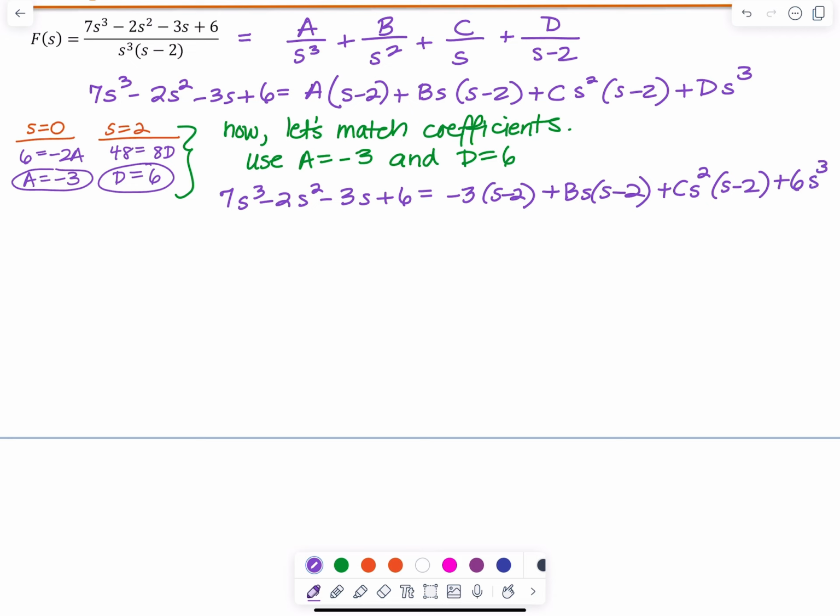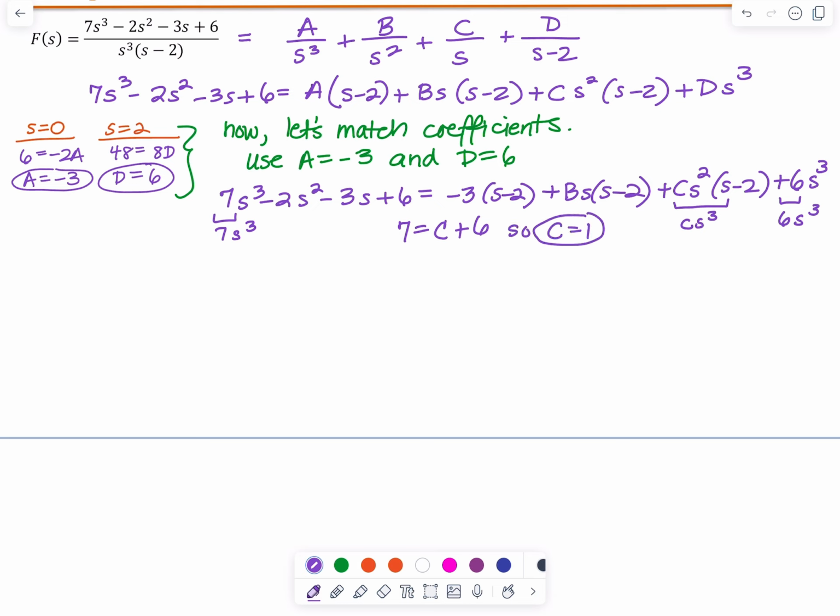So now if we match the coefficients for s cubed, we have cs cubed here, and we also have a 6s cubed, and we have a 7s cubed here. So we know that 7 has to be equal to c plus 6. So c is equal to 1.